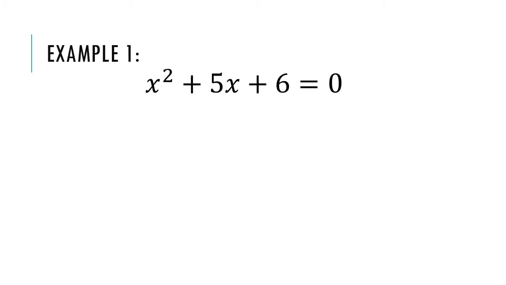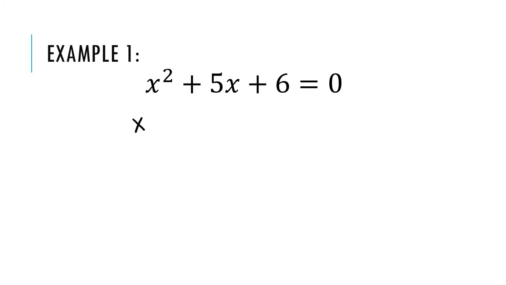Let's take a look at our first example. We have x squared plus 5x plus 6 equals 0. We solved this quadratic in the previous video algebraically using factoring, and we solved it graphically using the calculator. Today we're going to solve this quadratic using the quadratic formula.